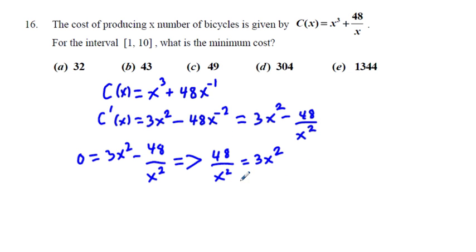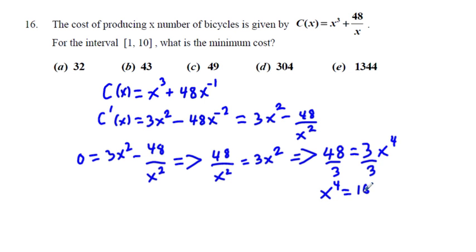And if we cross multiply the x squared, we're going to have 48 is equal to 3, and x squared times x squared is x to the 4th power. And then if we divide both sides by 3, we have x to the 4th power is equal to 16.